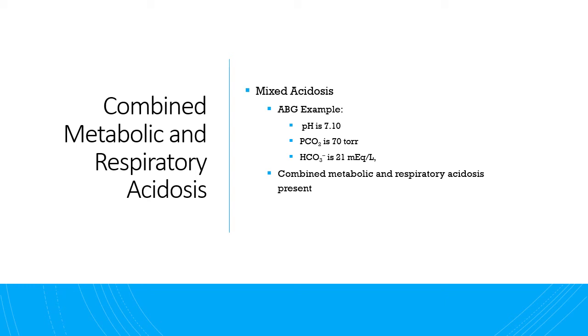For example, a pH of 7.10, acidotic, a CO2 of 70 torr, acidotic, a bicarb of 21 milliequivalents per liter, acidotic. This is called a combined metabolic and respiratory acidosis.